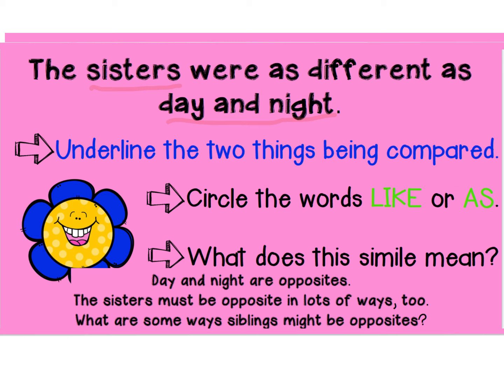This simile actually has as in it, so I'm going to circle that. And thinking about what this simile actually means, day and night are opposites. So the sisters must be opposite in a lot of ways. So think to yourself, what are some ways that siblings might be opposites or how they could be totally different?